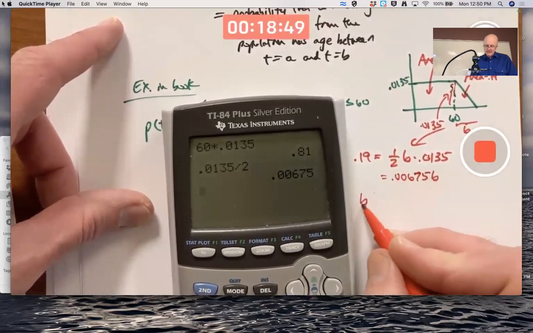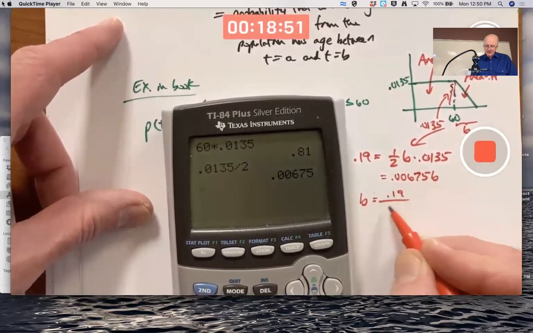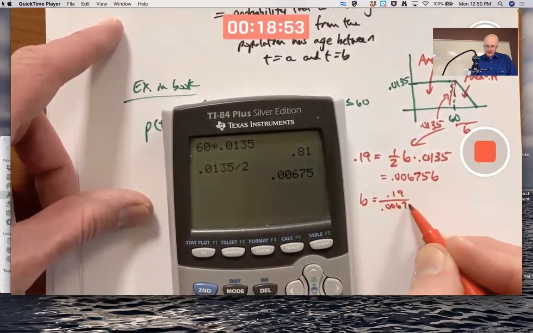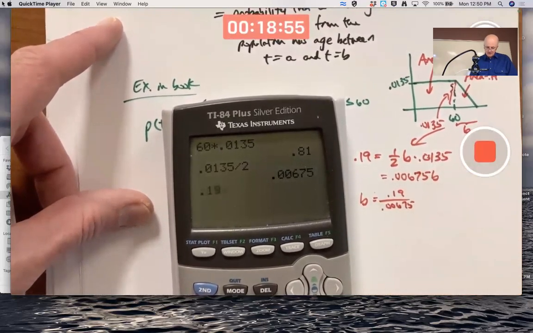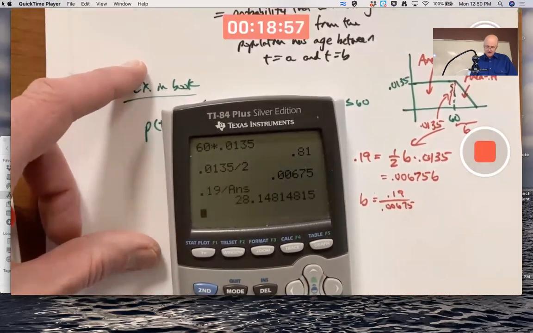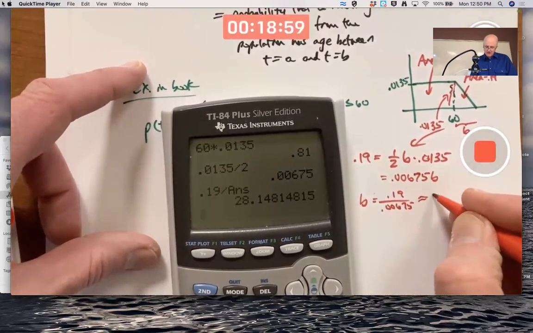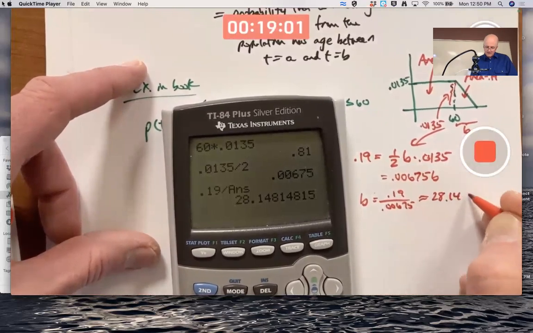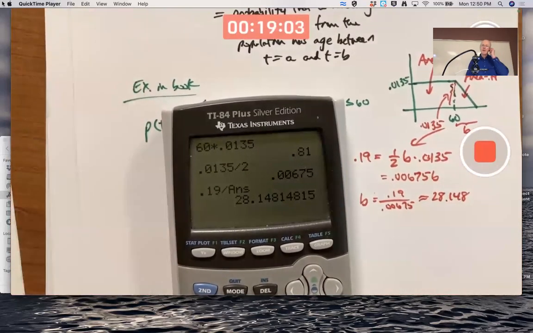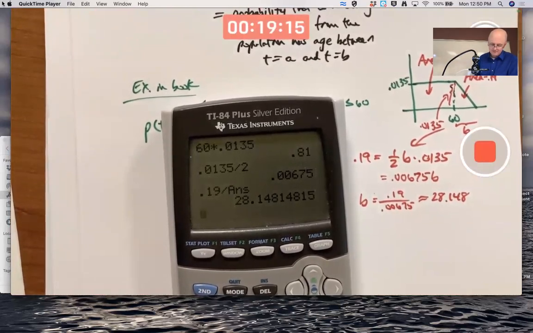So B is 0.19 divided by 0.00675. And that's about 28.148. Looks like it's 148 repeating probably, but I'll just leave it like this as an approximation.